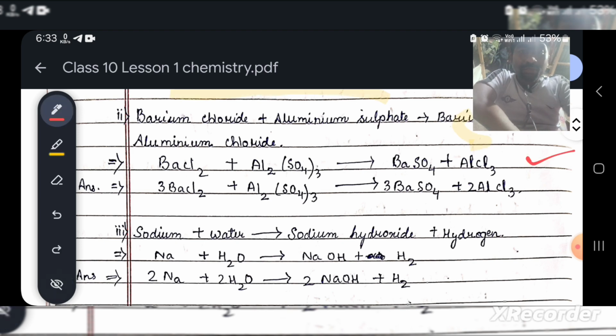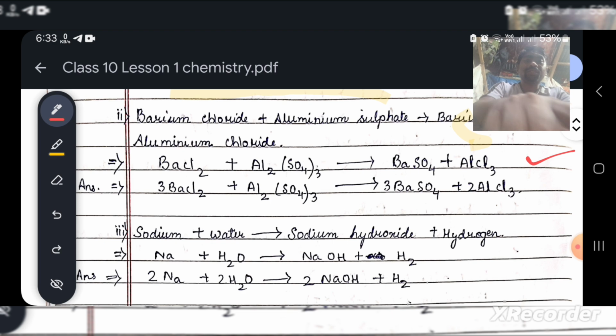This question, the red color one: BaCl2 and Al2(SO4)3 gives BaSO4 and AlCl3. What is happening here? You will see on both sides.